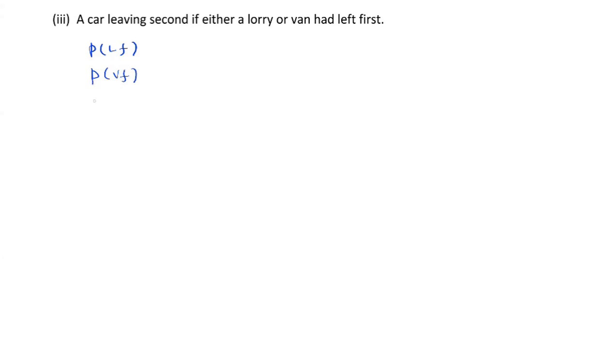And then we are going to assume P(CS), meaning the probability of a car leaving second. Now the probability that a car leaves second if either a lorry or a van had left first, we are going to have the probability of the event equals P(LF) × P(CS) + P(VF) × P(CS).